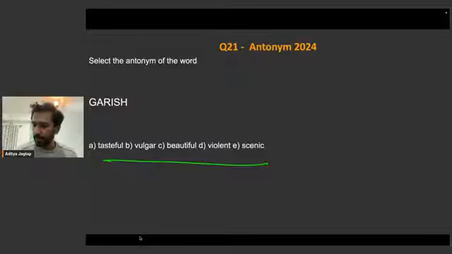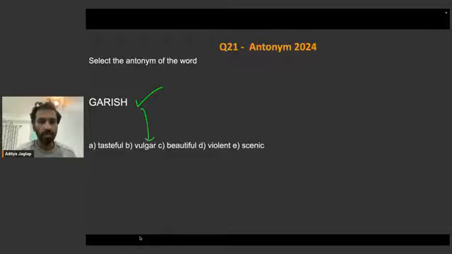Here it's a little hard. We don't exactly get an odd one out. We know in this case, garish would mean something that is in a way vulgar, or too loud, or showy, right? Someone trying to show off. So vulgar could be considered a synonym. Beautiful does not apply as an antonym. It could be a distant antonym.